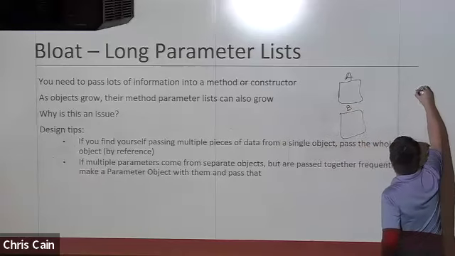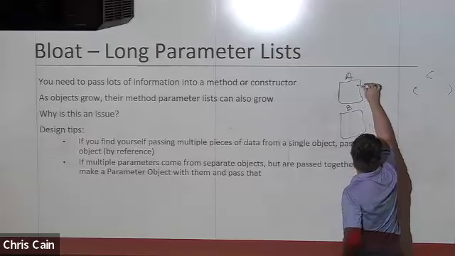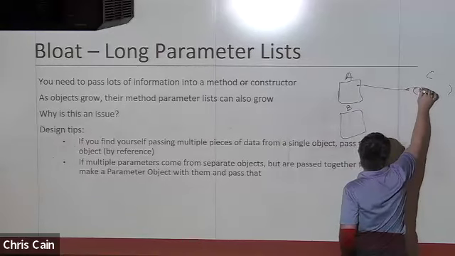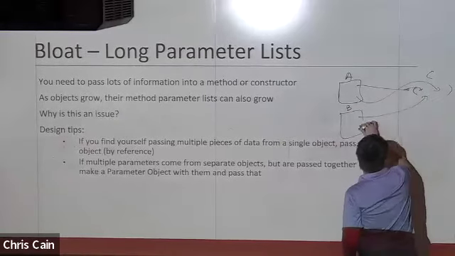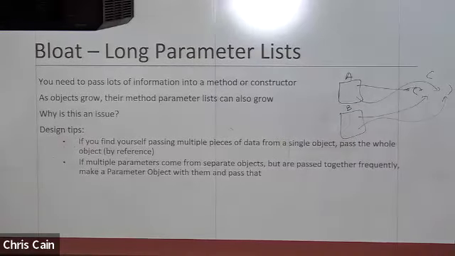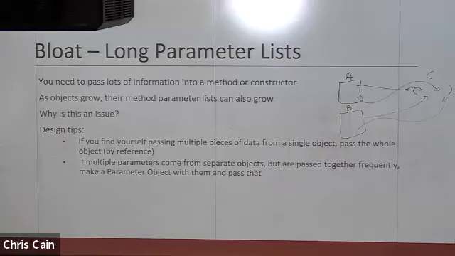And whenever we run this particular method over here in class C, we need to get something here from A, and that's a parameter, something from B, that's a parameter, some other thing from A, that's another parameter, some other thing from B, that's another parameter. And these are always being passed together. Not necessarily all from the same object, so it's not worth copying the object by reference, but they come from different objects and they're all used together.